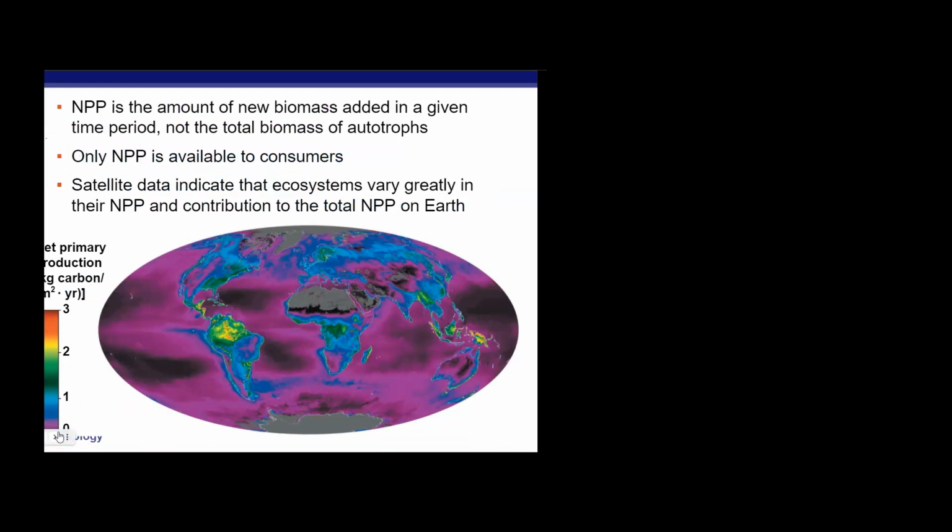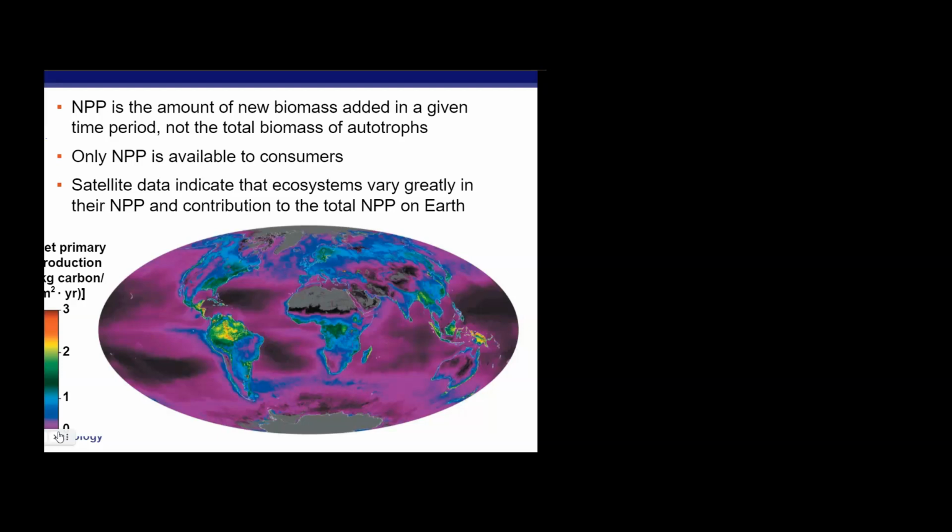So basically what ends up happening, this net primary production, is actually the amount of new biomass that is available and added to a particular area over a specific time period. It's not the total biomass of all of those autotrophs. It's actually the amount that has been added over that time period.